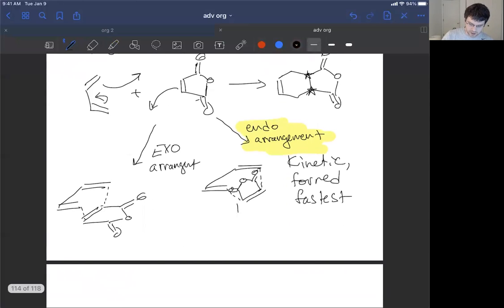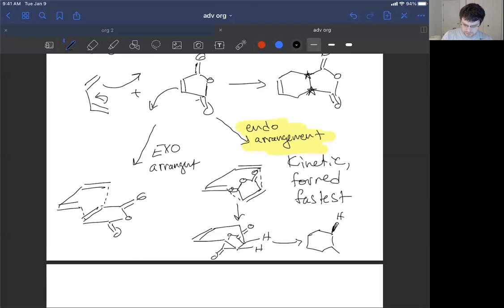Now when we draw the resulting product there, the important thing is not necessarily to get the stuff underneath right, but it's to get these two hydrogens right. Because when we unfold the ring, we're going to tilt those upwards, and that's going to give rise to a product where the hydrogens are wedges.